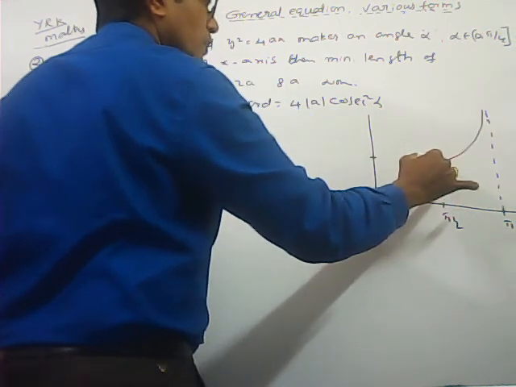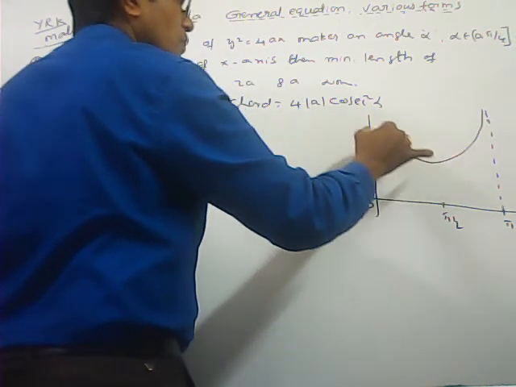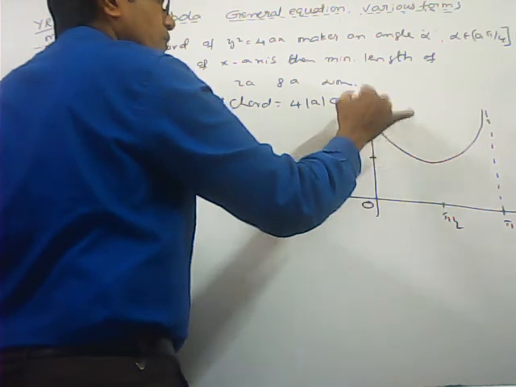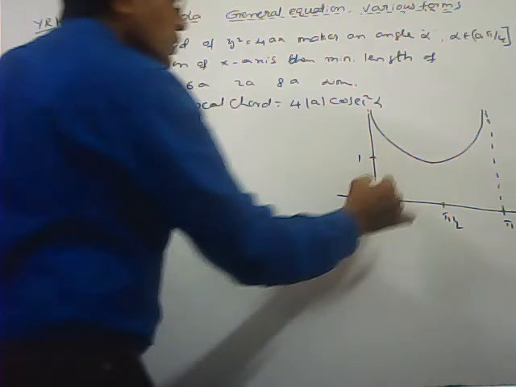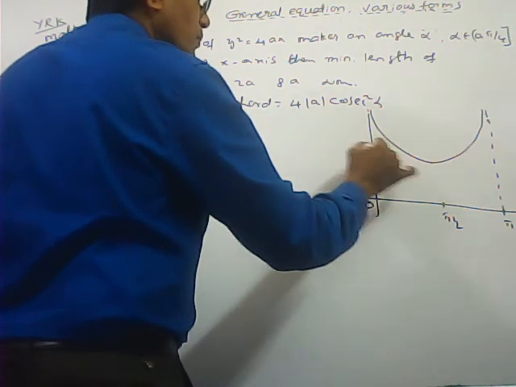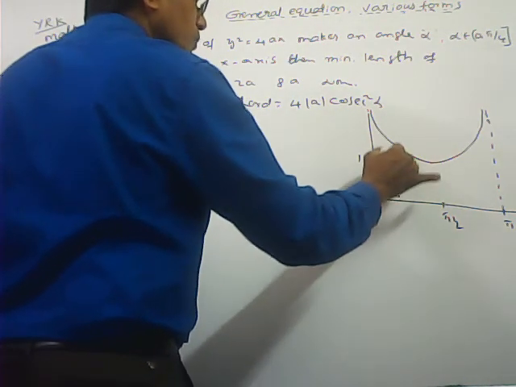Infinite, cosecant 0 is also infinite. It doesn't lie between minus 1 and 1. So pi by 4 lies in between these two.